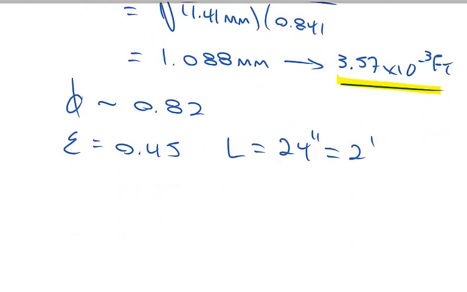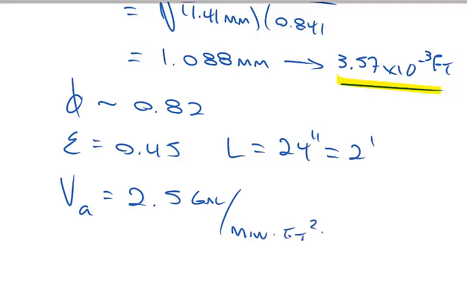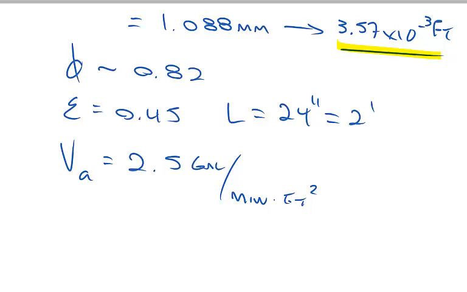Approach velocity, V sub A, was given as 2.5 gallons per minute per foot squared, and we can convert that knowing that 1 cubic foot is 7.48 gallons, which provides us with 5.57 times 10 to the minus 3 feet per second.